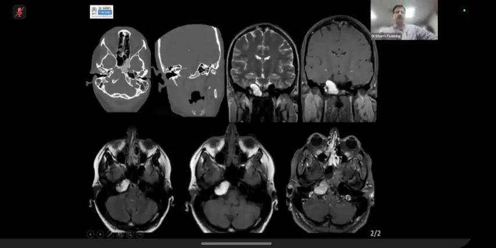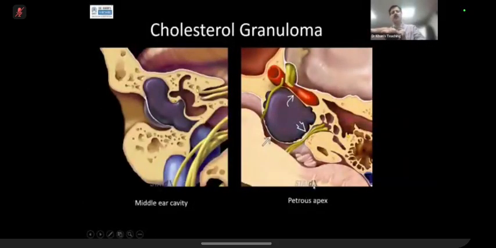Now, when you give contrast, you cannot see any enhancement. Having said that, on a T2 weighted sequence, at times you might see a hemosiderin rim, which is chronic hemorrhage. On post contrast, sometimes you might see subtle enhancing granulation tissue. The key point is, it's an Aunt Minnie, and there is nothing else which can cause this.